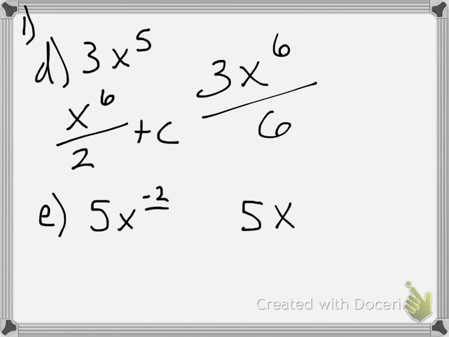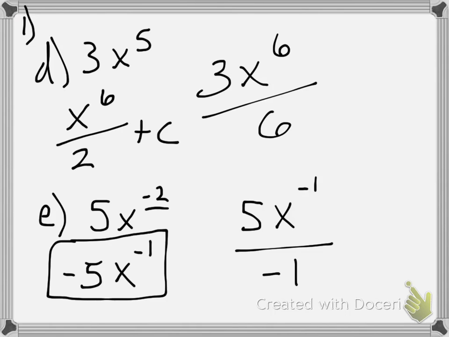So we just add 1 to -2 and then divide by that number to take the antiderivative. To divide by -1 is the same thing as multiplying by -1. So that's the same thing as -5x to the -1. And then this is actually the answer, but the directions say to write the answer with positive powers.